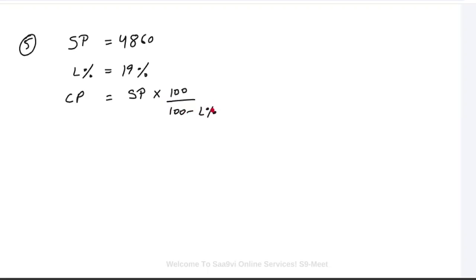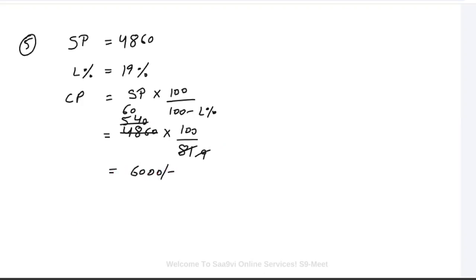So I can easily calculate 4860 into 100 by 100 minus 19, 81. 9 into 9, 9 into 5, 45, 36, 9 into 4, 540, 960. That means the CP is 6,000 rupees.